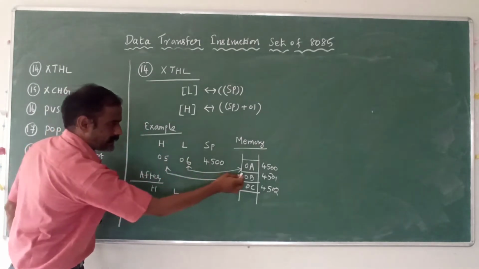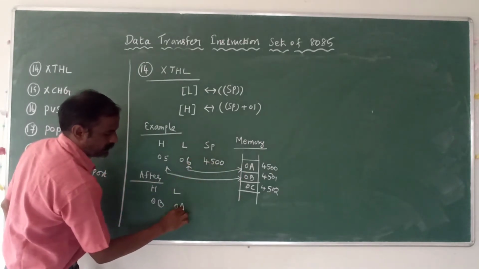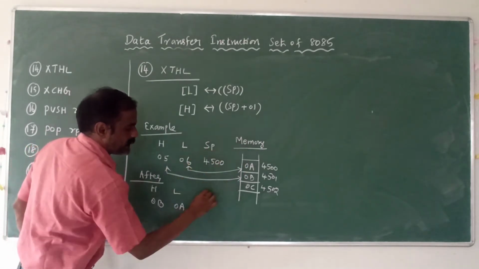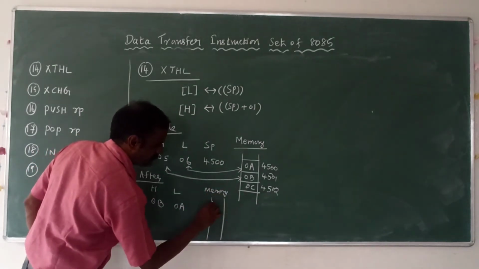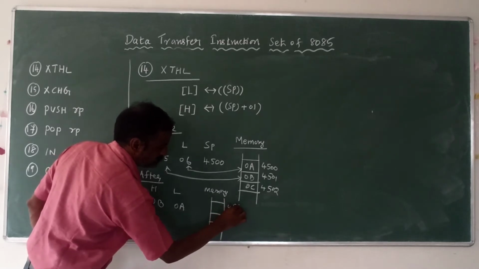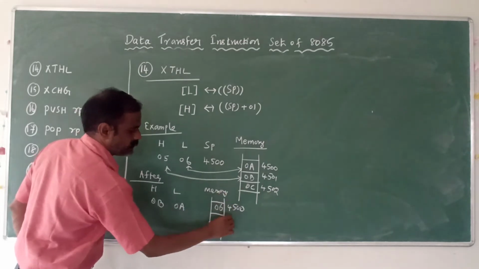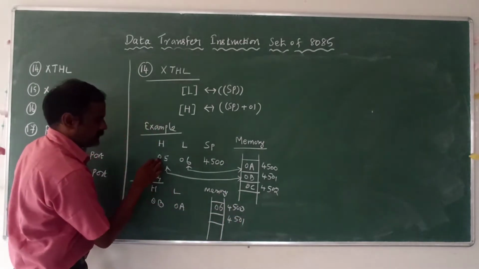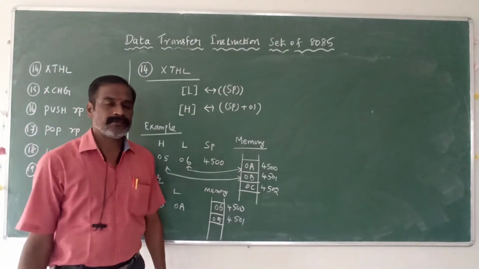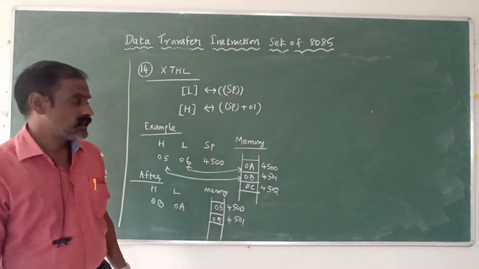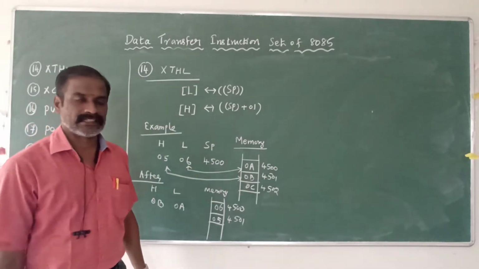Now H register data is 0B and L register data is 0A, and in memory, at stack pointer address 4500 the L data is 06, and at 4501 the H register data is 02. This is the operation of exchanging the top of the stack with the HL register pair content.